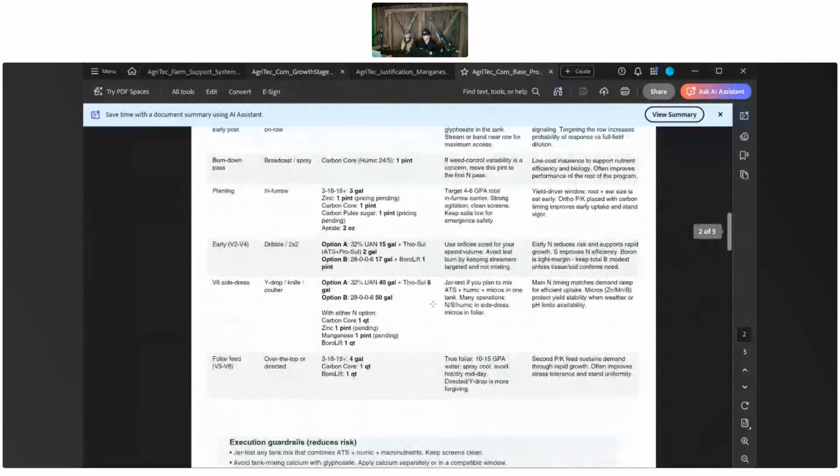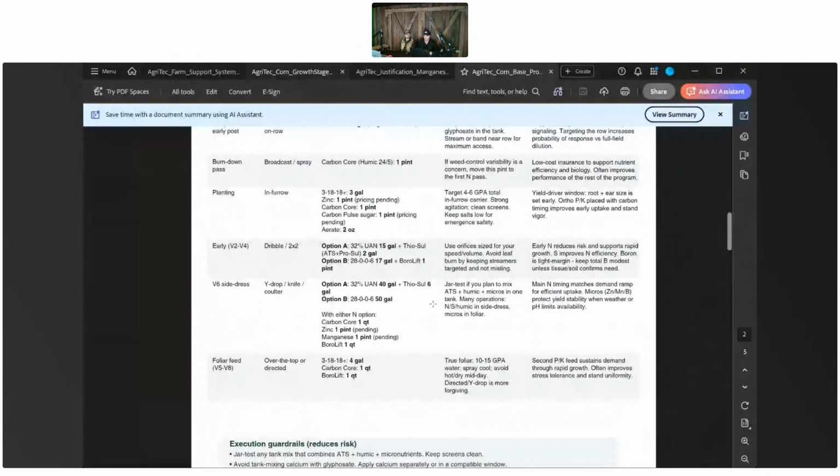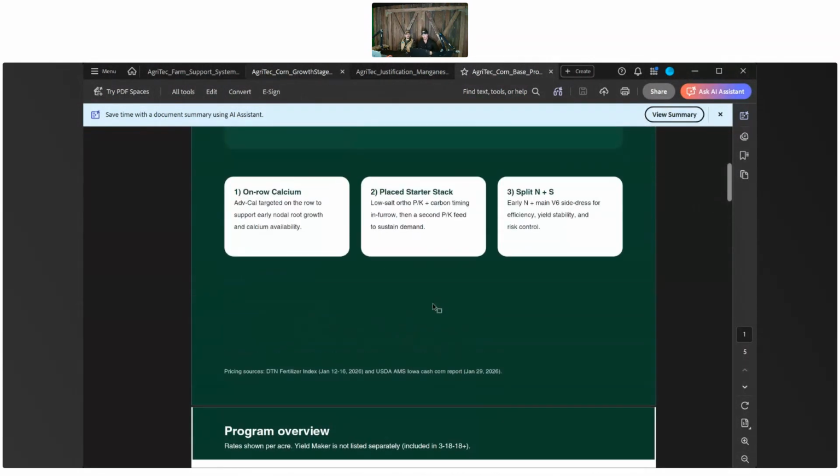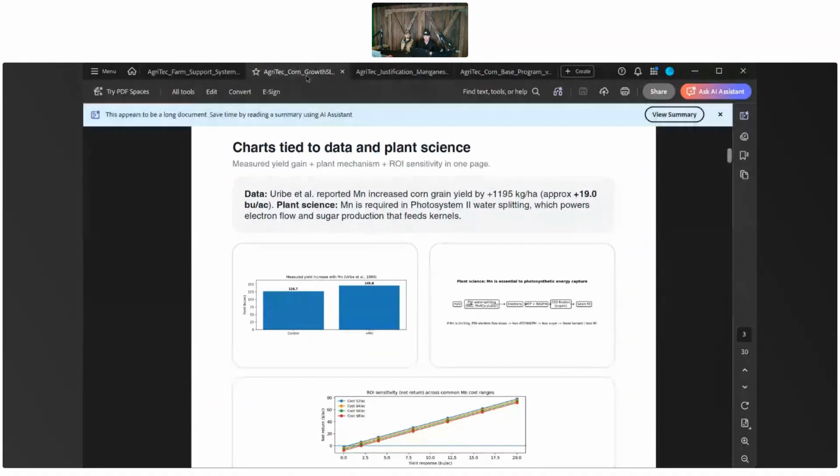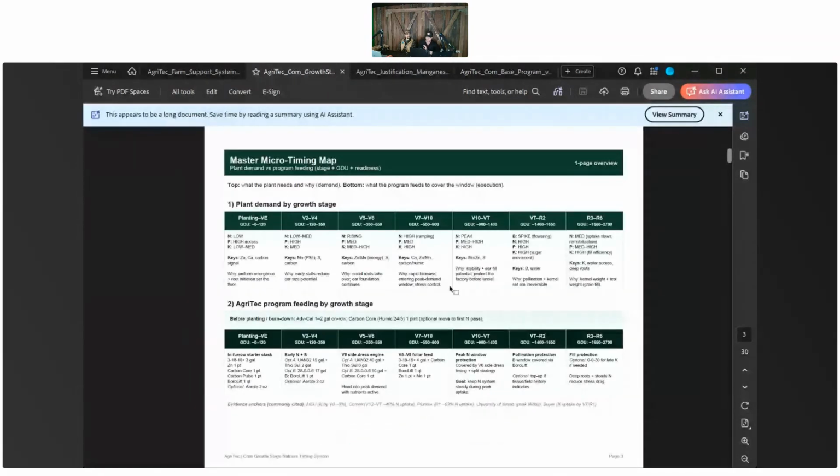Right. And I'm not saying that liquid is better than dry, but I am saying that in this scenario and what we're going to walk through, there's more ways to use the tools at our disposal when we're able to feed things in different ways, which liquid gives us that possibility.